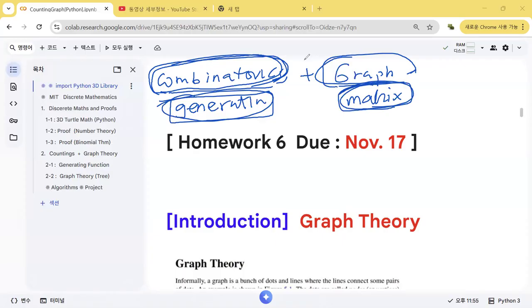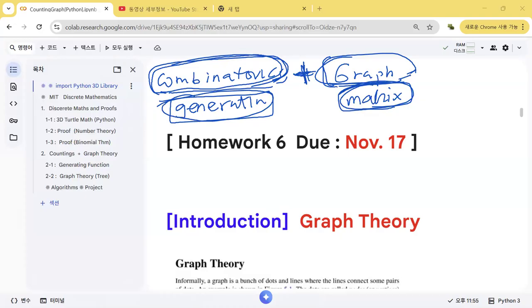Okay, graph theory is important in computer algorithms. Because using graph theory, you can search for the shortest path, and you can do sorting and searching and finding various paths.